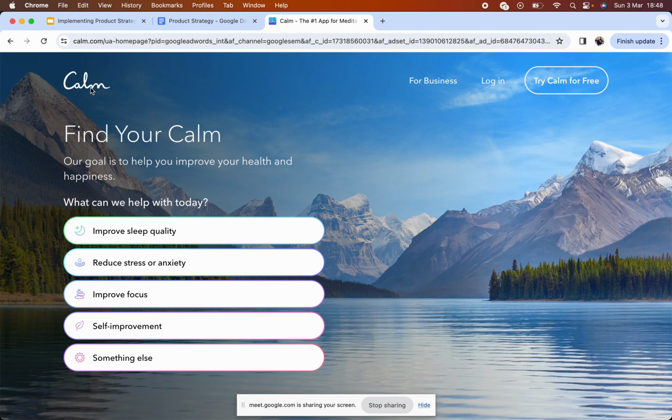There are several apps, several websites, several platforms that do this. And what are the benefits? See, what can we help with today? So the value proposition of Calm is that they can help you take more control of your life. How do they do that? They help you improve your sleep, reduce anxiety, improve focus by guiding you through guided meditations.